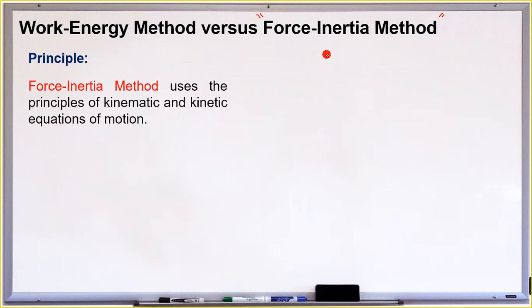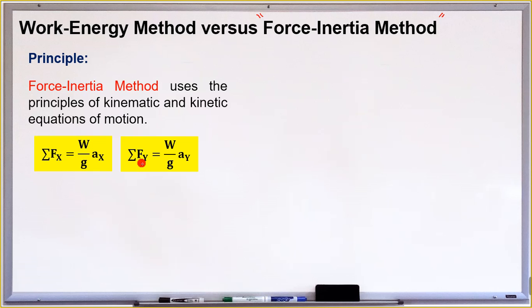First, the force inertia method. It uses the principles of the kinematic and kinetic equations of motion, which you should remember from our previous discussion. The summation of forces equals the resultant force, along the x-axis and at the same time the y-axis, since we analyze a 2D plane.